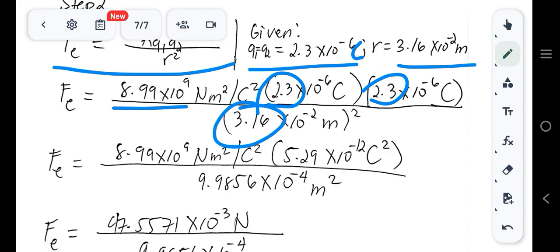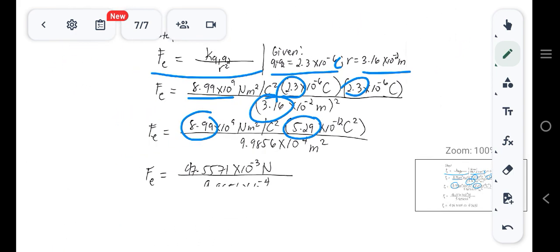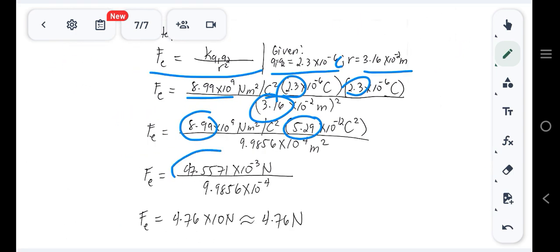The next thing that we will do is 8.99 multiplied to 5.29. You will have 47.55711. So usually I just copy like 2 decimal places, but then this one has a very large value, so I copied this all, meaning to say they are more than 5, so I copied it just for more accuracy. So you will have here 47.5571.